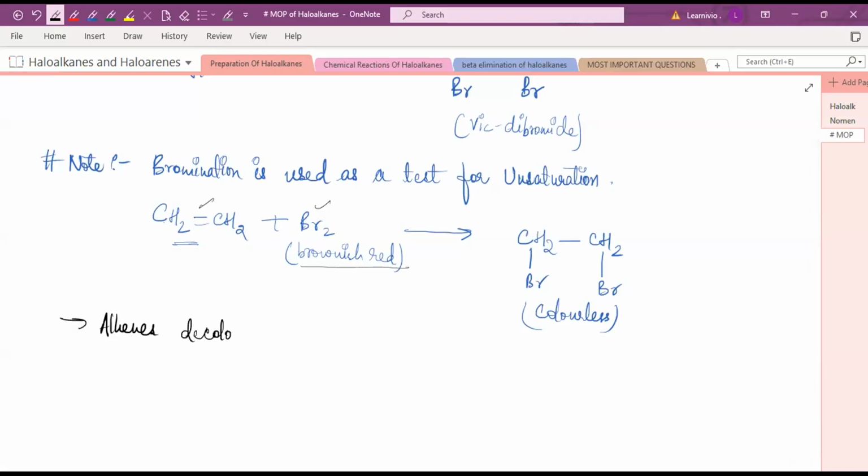That's why bromination is used as a test for unsaturation, so you get to know if the compound is unsaturated or not. If it is not unsaturated but a saturated compound, it will not give the test. You will not get the colorless compound if you add a saturated compound. So only an alkene or alkyne, any unsaturated compound, decolorizes your bromine.